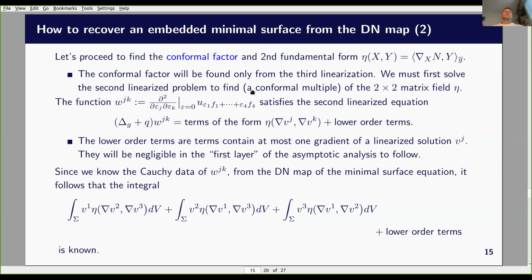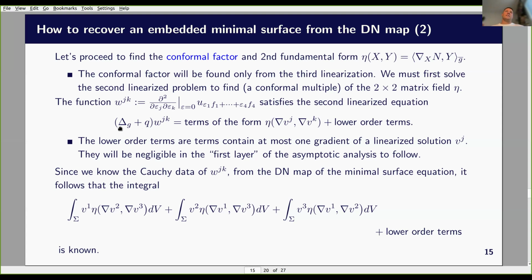Okay, so to do that, we linearize a second time. And now I will denote by w_jk the derivative with respect to epsilon j and epsilon k of the solution u, depending on the 4 parameters. And u solves the minimal surface equation. So I differentiate u with epsilon j and epsilon k. Now, if you differentiate the complicated minimal surface equation, you will see that this w_jk solves the following equation.